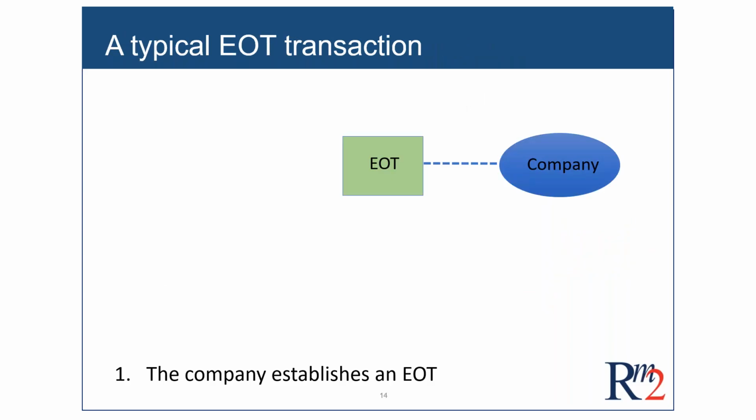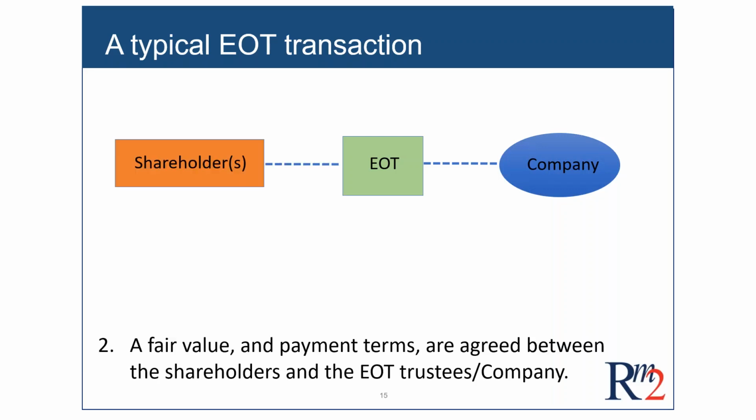So now we're going to get into the nitty-gritty of how these transactions take place. First of all, the business has decided it's going to do an EOT transaction. So the company will establish a trust in order to do the transaction. A fair value will be agreed between the shareholders, the trustee of the trust, and the company.